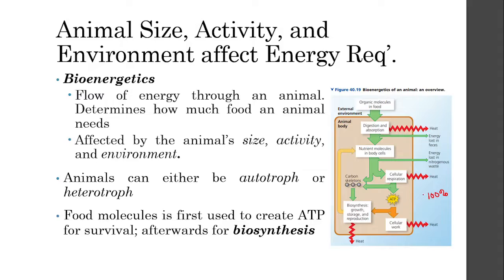What the body does is immediately dedicate a percentage of the work for survival, and then the rest for biosynthesis. So in reality, this is happening at the same time. It's just that the work is being separated. I hope that is making it clear. But again, what we have to do first is survive, and then the rest follows.